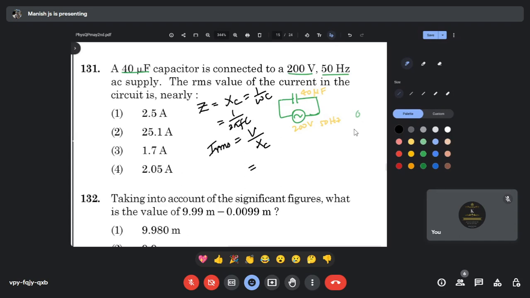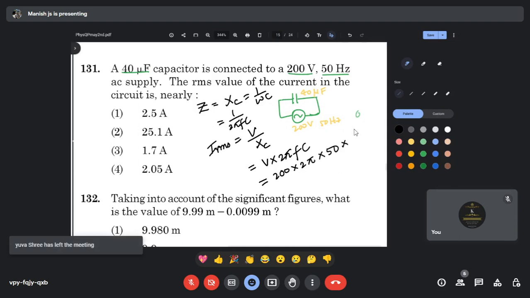So XC is 1 upon 2 pi FC, so your answer is V into 2 pi F into C. V is 200. Substituting the values: 2 pi, F is 50, and C is 40 microfarad, which is 40 into 10 to the power minus 6. Pi you can take as 3.14. So 2 into 2 is 4, 4 fives are 20, and 20 times 4 is 80.